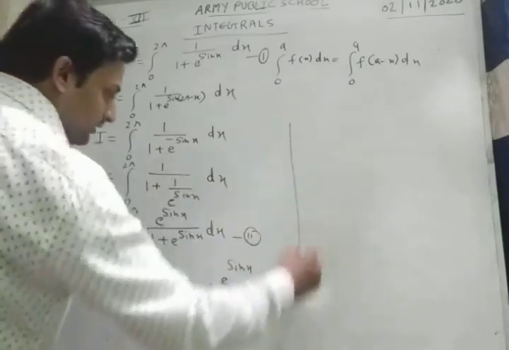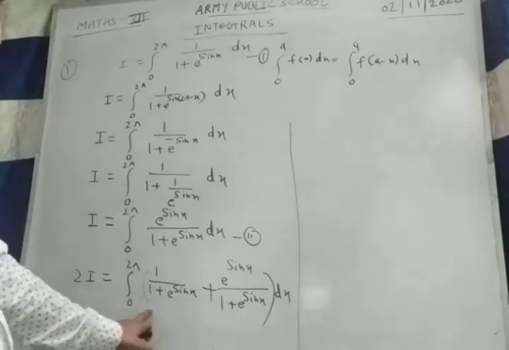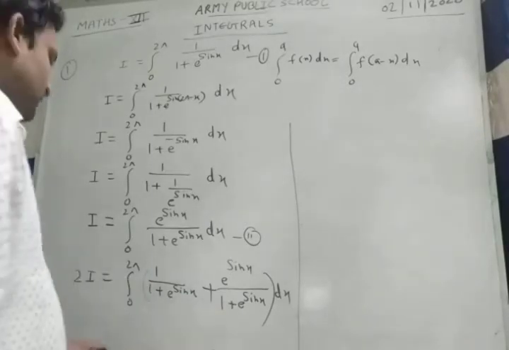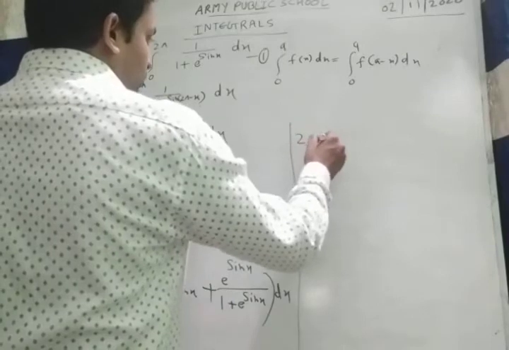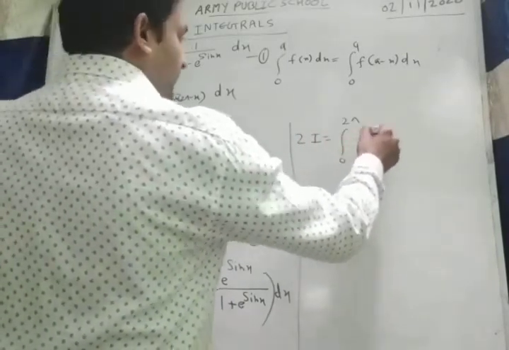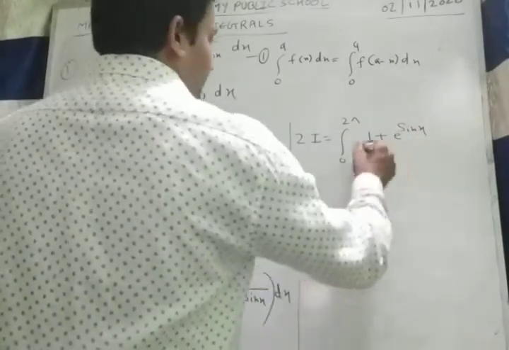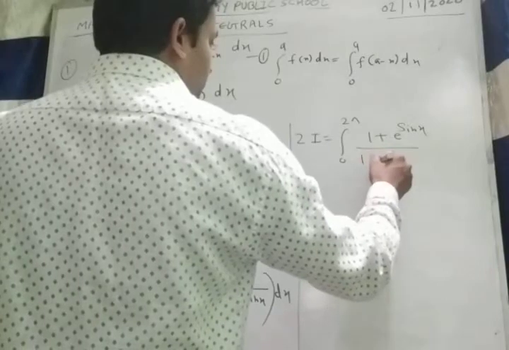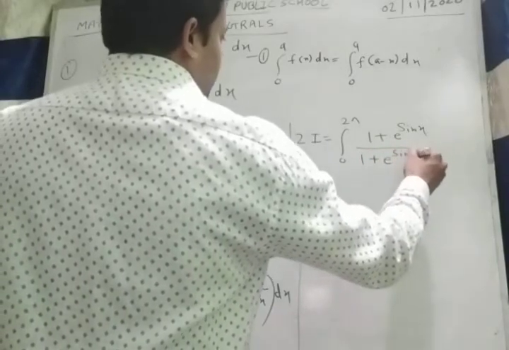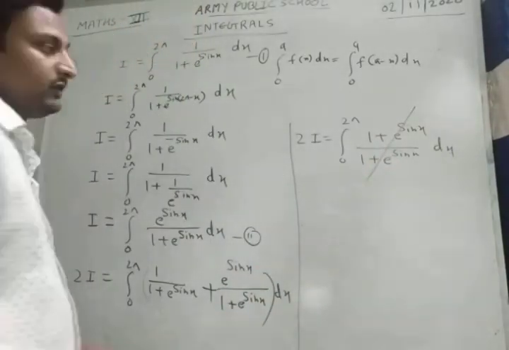Now the denominator of both the terms is same, so we write 2I is equal to integral 0 to 2 pi of (1 plus e to the power sin x) divided by (1 plus e to the power sin x) dx, and this will be cancelled.